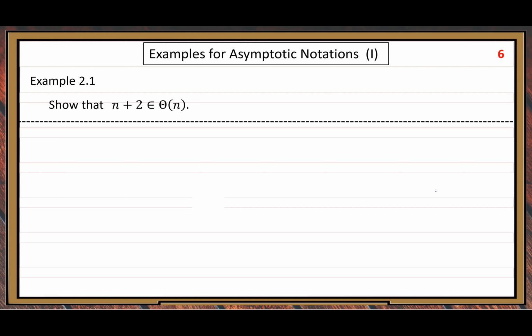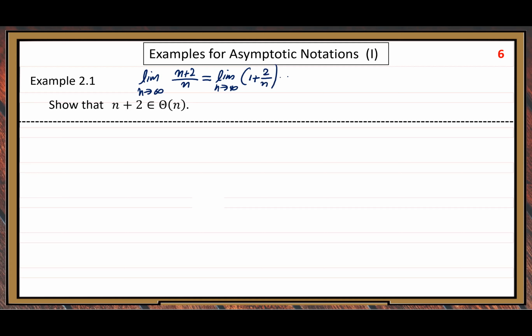The limit way is actually pretty simple. You just calculate the limit when n goes to infinity of f of n over g of n, which is n plus 2 over n. After simplification it equals 1 plus 2 over n.